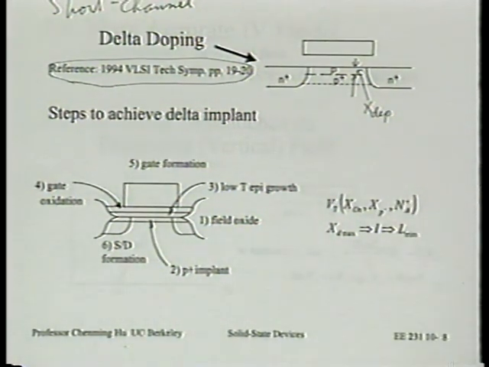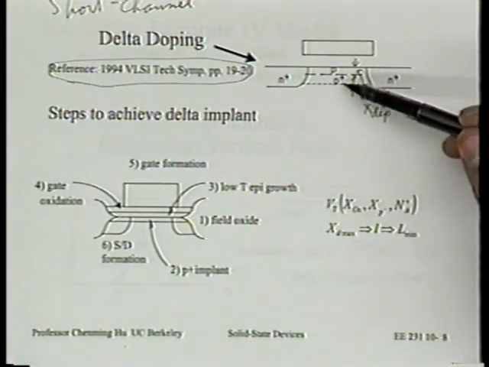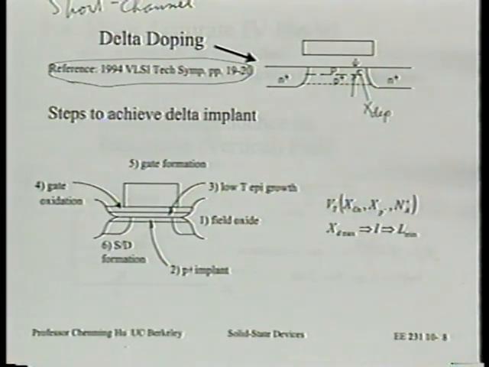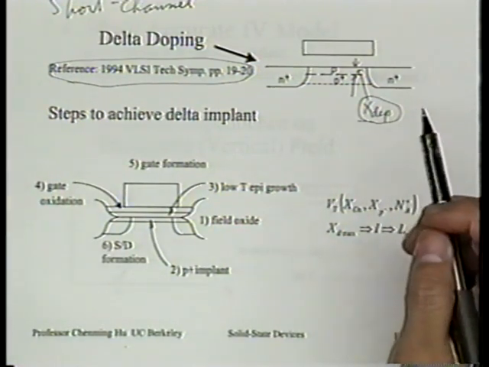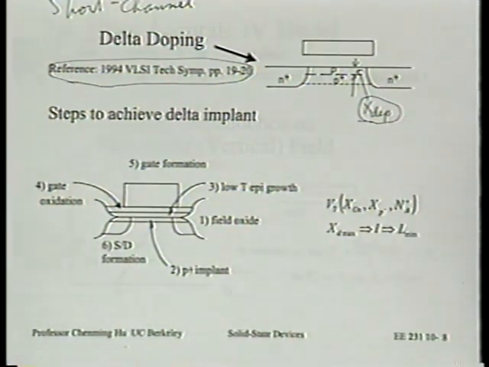All right? By doing it this way, if you have such a step function doping transition from P plus to P minus, you can show that you can reduce this depletion region thickness by a factor of 2 while maintaining a given desired threshold voltage.